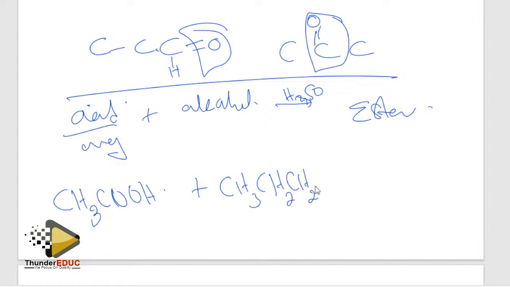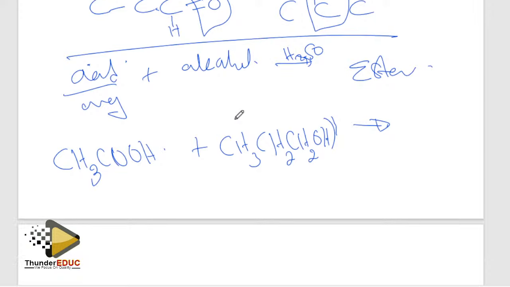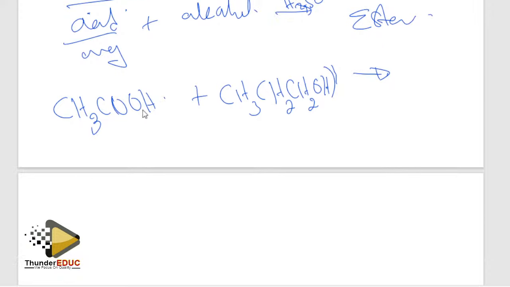Let me say propan-1-ol. So I form an ester. Here, the carboxylic acid is the one which is going to become the main chain. You understand? Here, we don't mind how many carbon atoms the alcohol has. The carboxylic acid will still become the main chain.